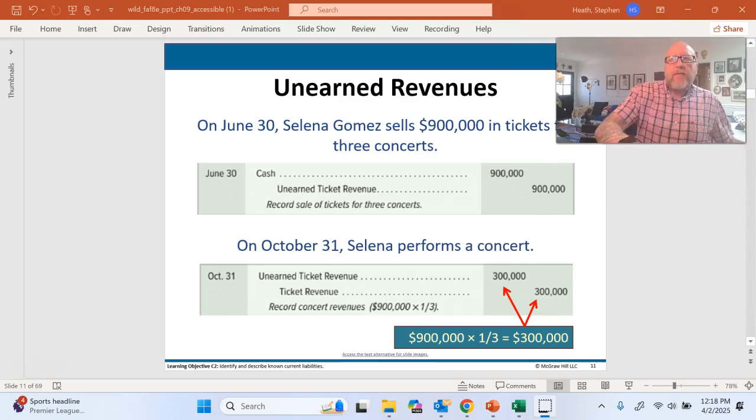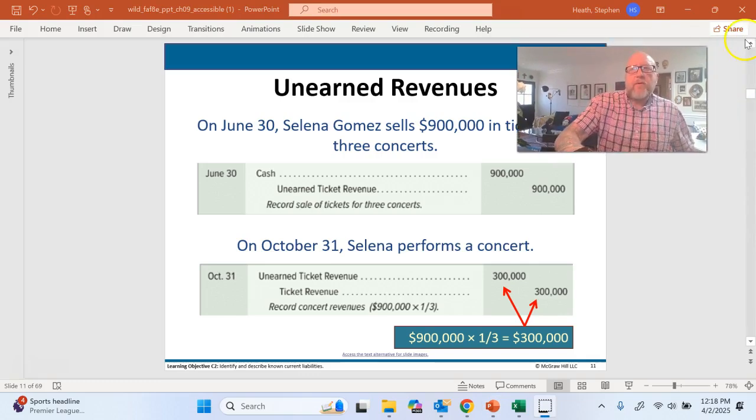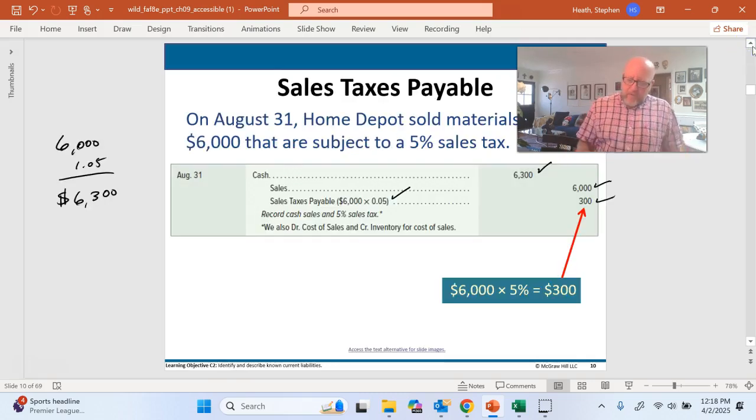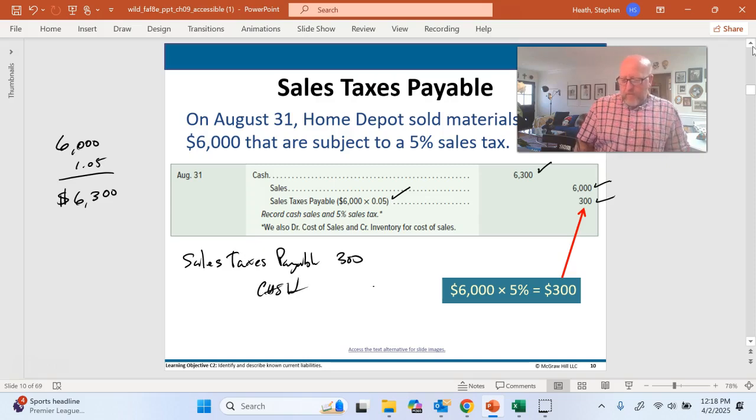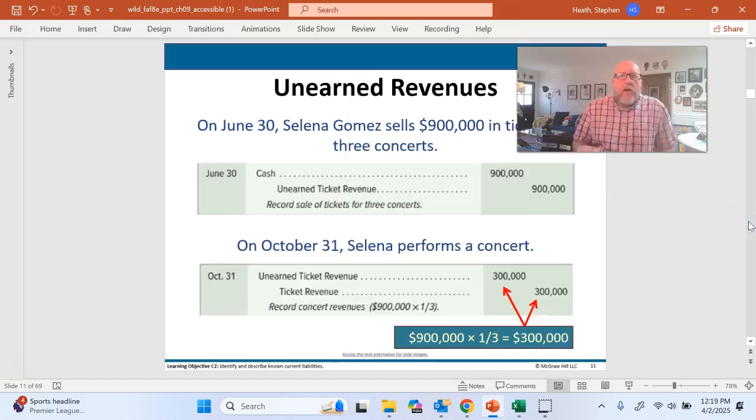But if I were to pay the sales taxes payable, I would send this off to the taxing authority, and I would just say debit sales taxes payable, 300, and credit cash, 300.